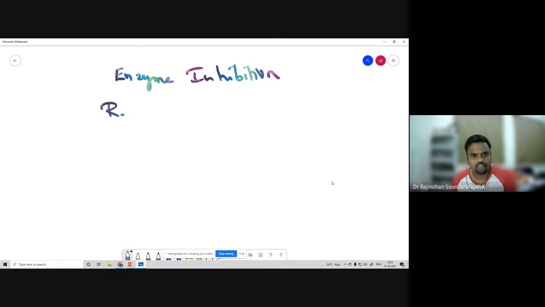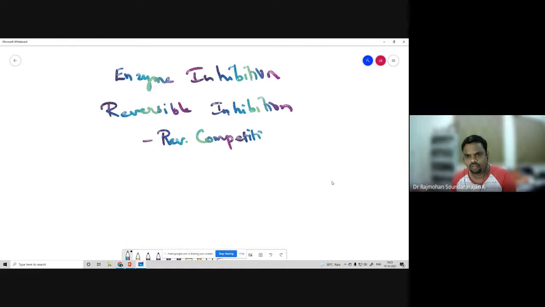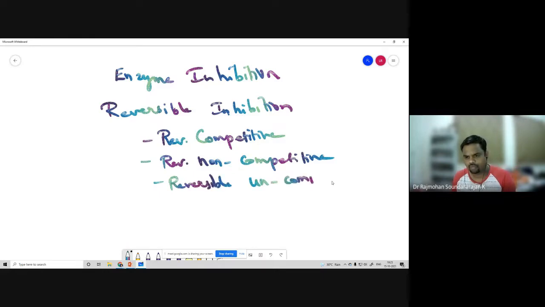There can be reversible inhibition, which can be further subdivided into three types: reversible competitive, reversible non-competitive, and reversible uncompetitive inhibitions.